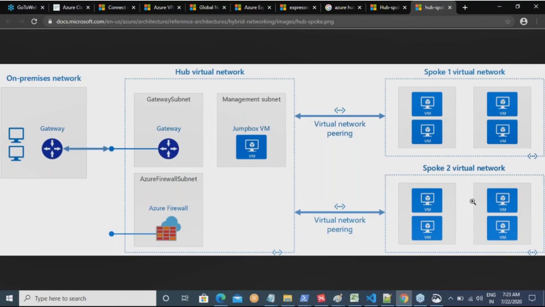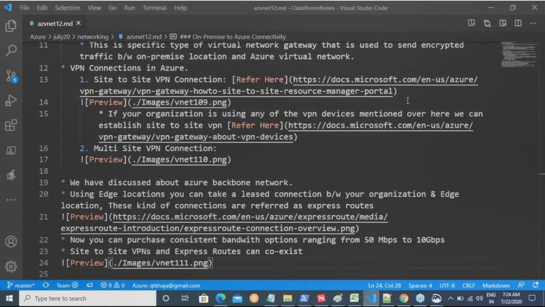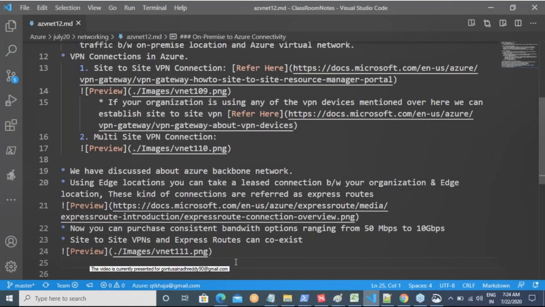So you have multiple virtual networks. You will not directly establish a connection to those virtual networks. What you would do is create one virtual network in between, which you call the hub. And this hub will have a route to every other virtual network which you are willing to connect. Hub and spoke, very popular architecture in networking, right?